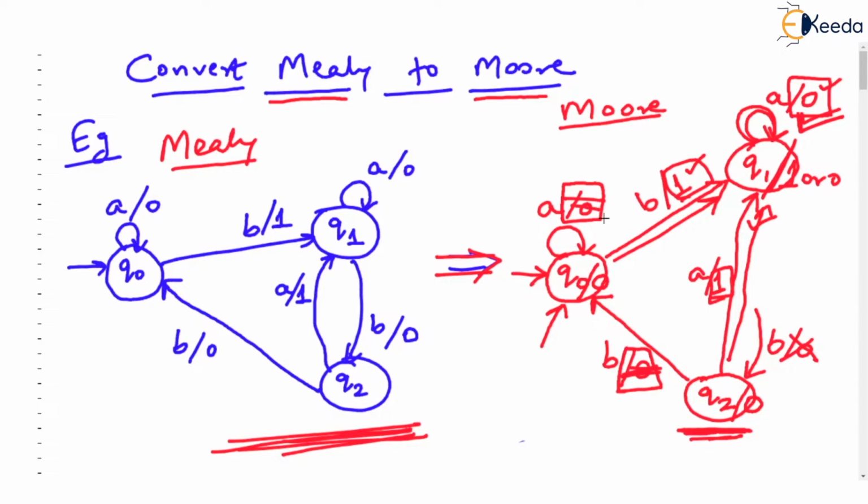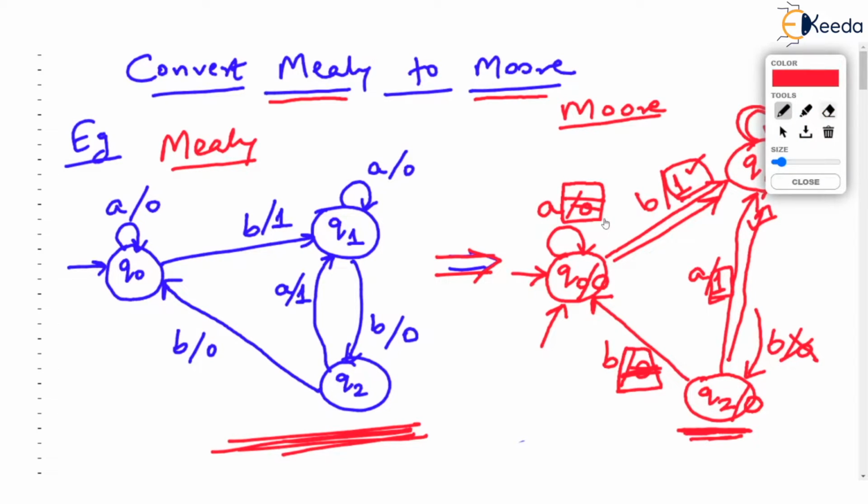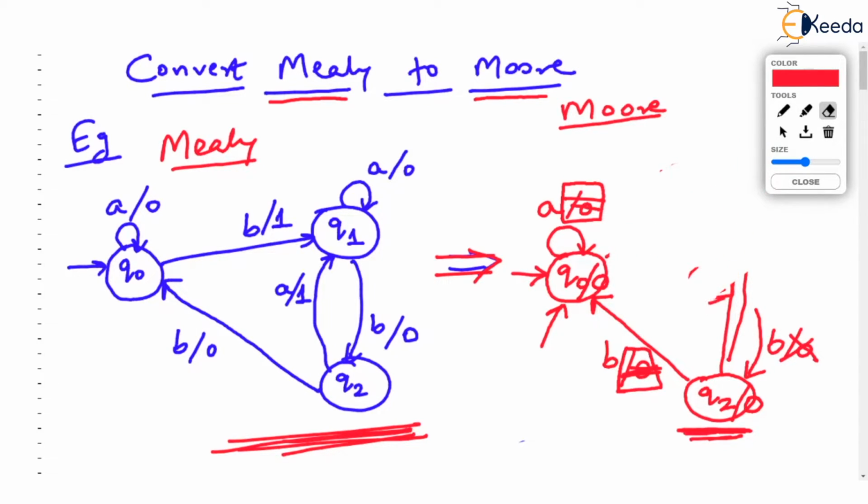So we have different outputs for the incoming transitions to Q1. I hope you're understanding. So this is not the way we are going to show Q1, and in fact we can't show Q1 like this because we can't show two outputs inside a state. Let's see then what to do.